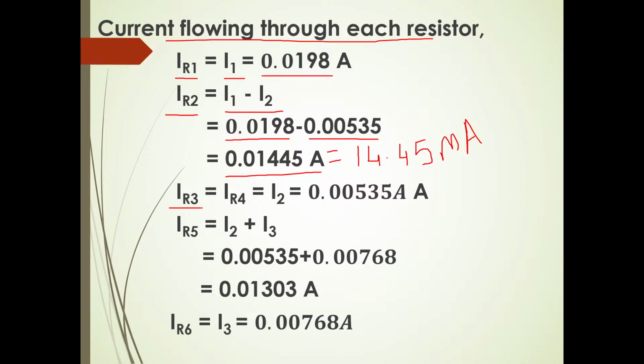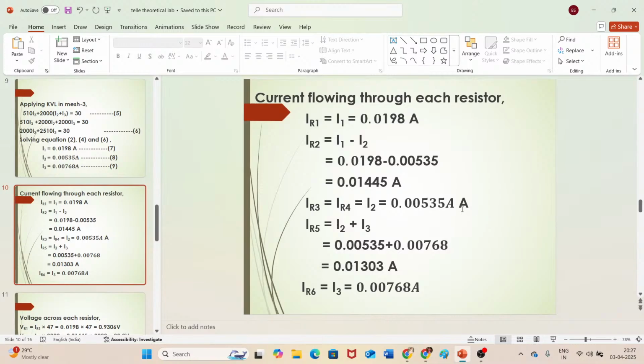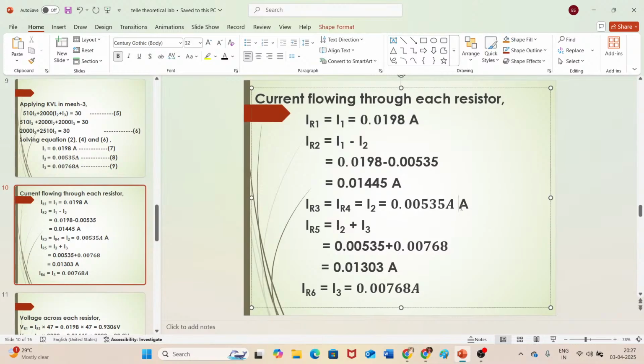So what is the current flowing through R3? Current flowing through R3 and R4 are same. That is I2 current. So how much current did we get earlier? We have already calculated. How much is it? 0.00535 amperes. So here 2 times I have written amperes. So I will just remove this ampere and keep this one.